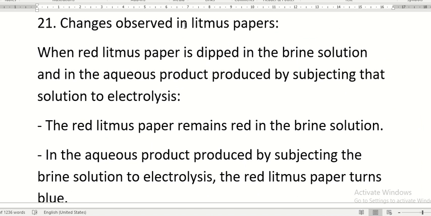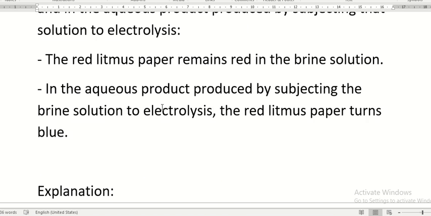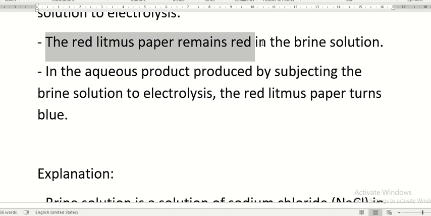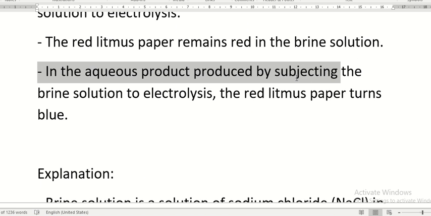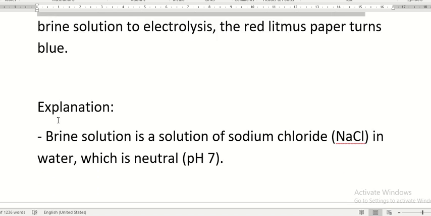Changes observed in the litmus paper when the red litmus paper is dipped in the brine solution, and in the aqueous solution produced by subjecting it to electrolysis: the red litmus paper remains red in the brine solution, and in the aqueous product produced by subjecting brine solution to electrolysis, the red litmus paper turns blue. Here only red litmus paper changes its color; blue litmus paper cannot change its color.